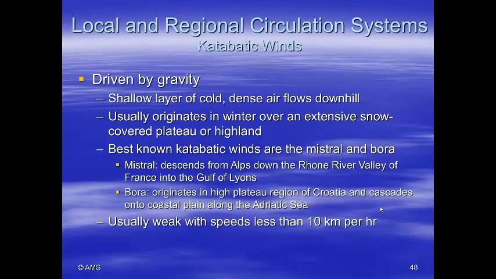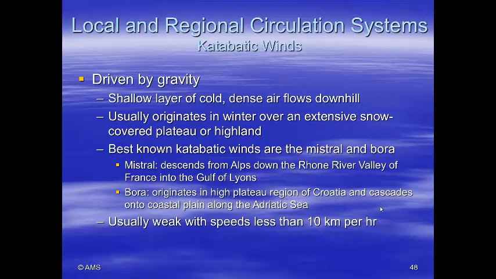We also have katabatic winds, and these are driven by gravity. A shallow layer of cold, dense air flows down the hill, and they usually originate in the winter over an extensive snow-covered plateau or highland. The best known katabatic winds are the mistral and the bora.